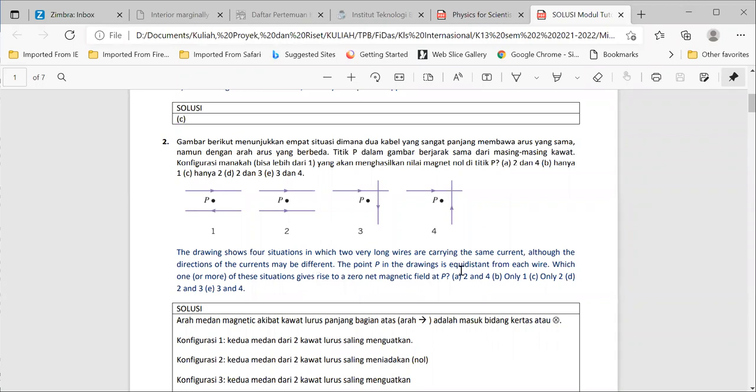The point P in the drawing is equidistant, has the same distance from each wire. Which one of these situations gives rise to zero magnetic field? The options are 2 and 4, only 1, only 2, 2 and 3.